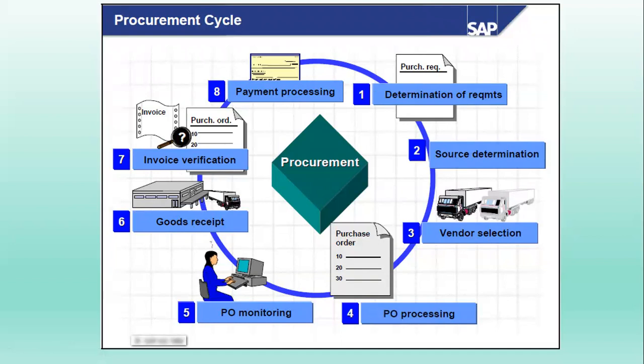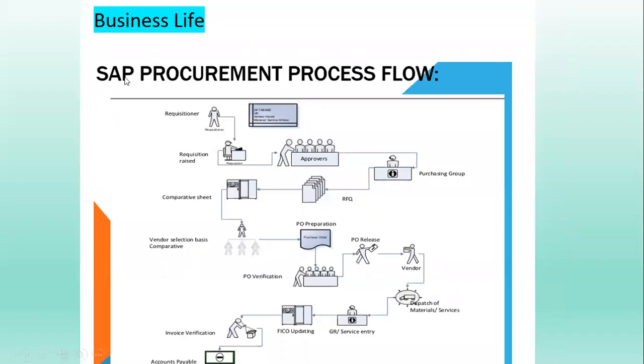If you look at the sub-levels, we create a requisition, and it goes to approval. After approval, the group creates RFQs, then compares all the sheets and selects the vendor, then PO preparation, PO verification, and PO release, and then it goes to the vendor. We get information from the vendor that they dispatched the stock, then we do the GR, then the invoice, then payables.